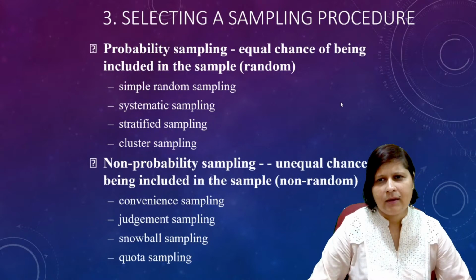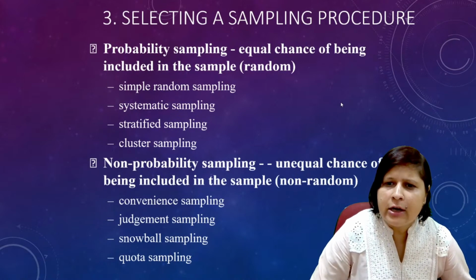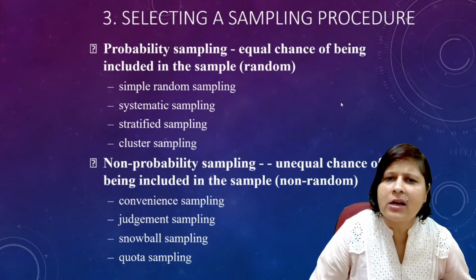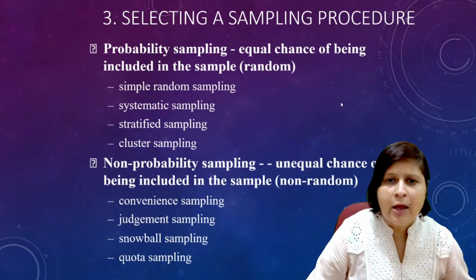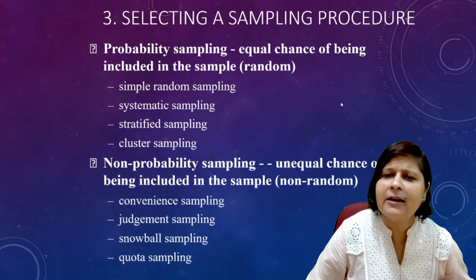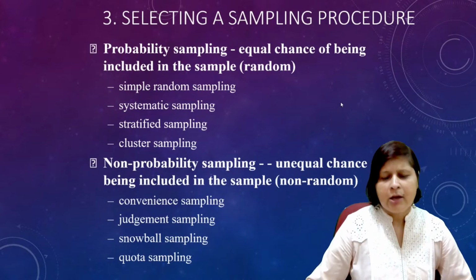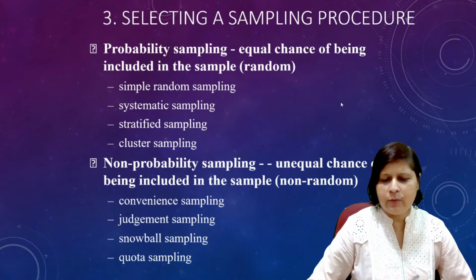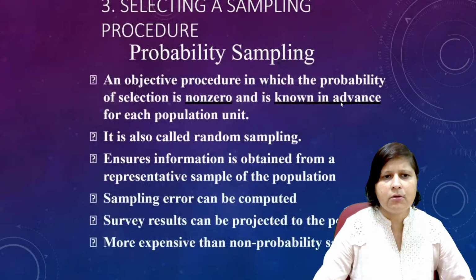Probability sampling is when each and every unit has the same, equal chance of being selected as a sample. Non-probability sampling is when the chances of being selected as a sample are not equal. Non-probability sampling includes convenience sampling, judgmental sampling, snowball and quota sampling.